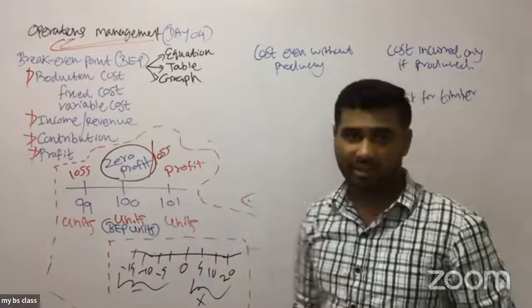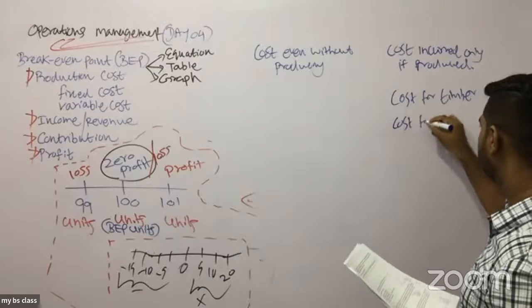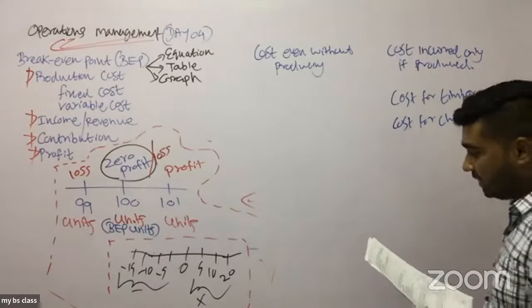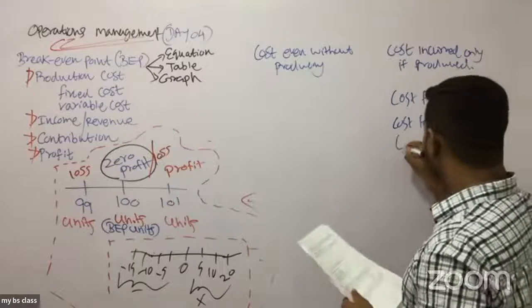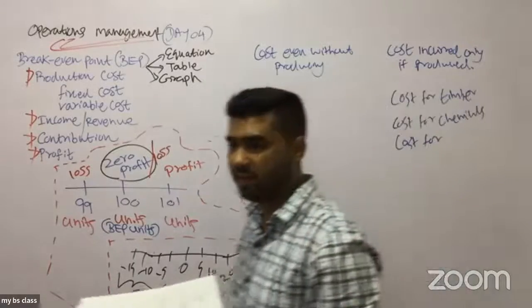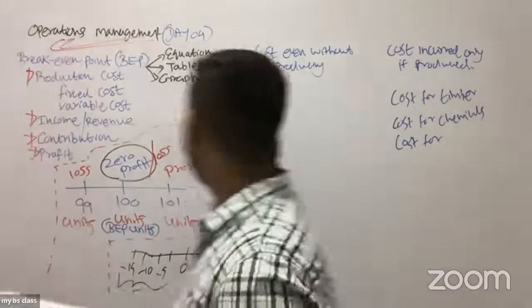Yes, chemicals are needed only if you do the production. Cost for chemicals. And then cost for paints, same thing, the cost for paints. If there is no production, you don't have to apply the coat, right? So no need. Cost for painting.